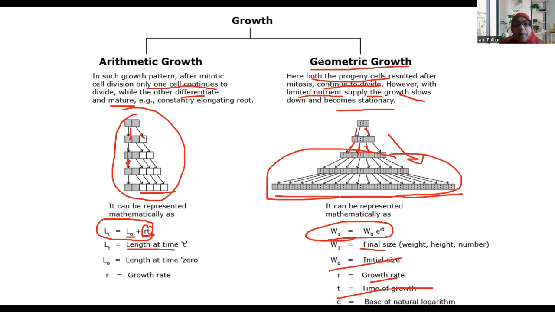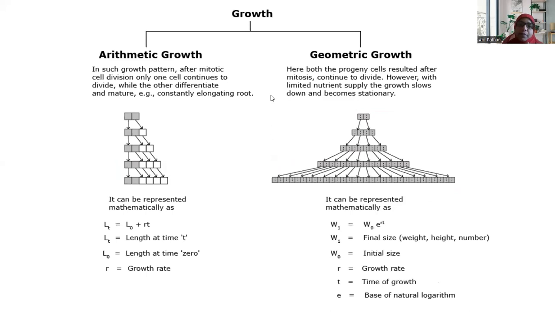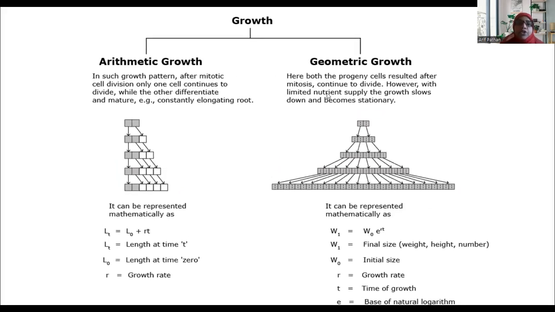So this is the geometric pattern of growth. The difference between the arithmetic and the geometric growth. In plants, growth can happen via the arithmetic pattern and also the geometric pattern.